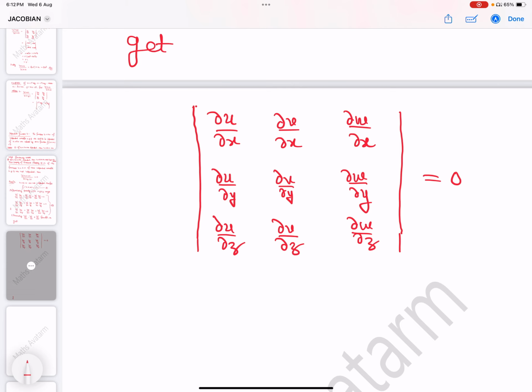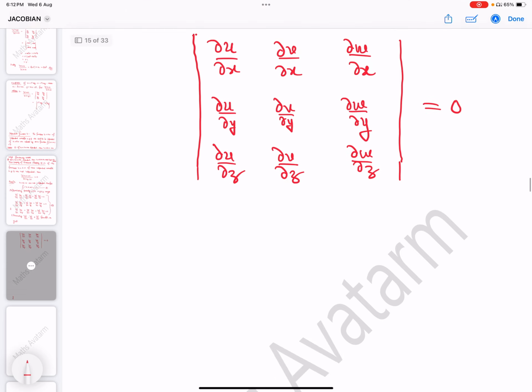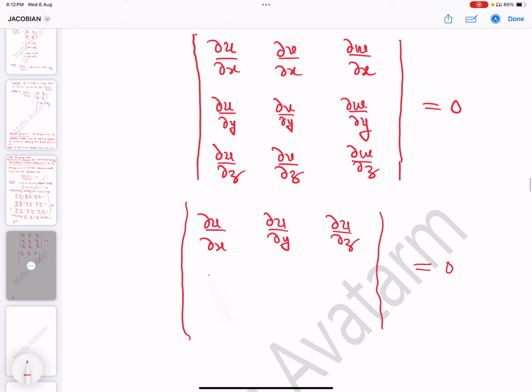Now, because in a determinant we can change rows to columns, we get del u upon del x, del u upon del y, del u upon del z; del v upon del x, del v upon del y, del v upon del z; del w upon del x, del w upon del y, del w upon del z.